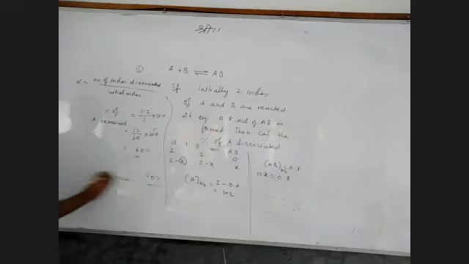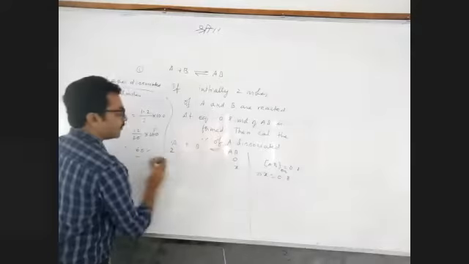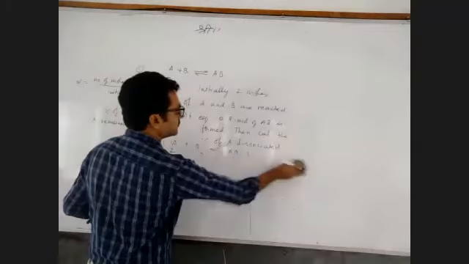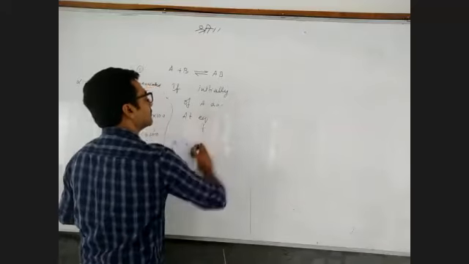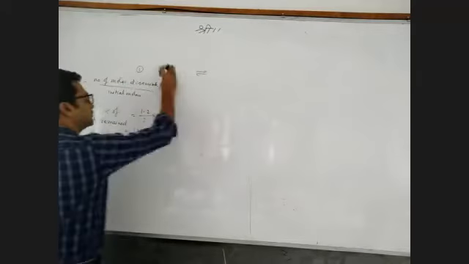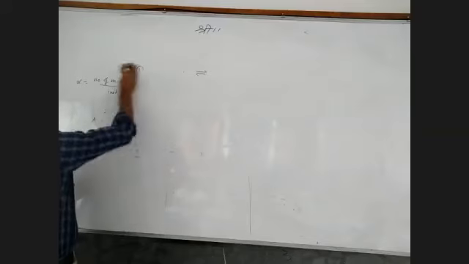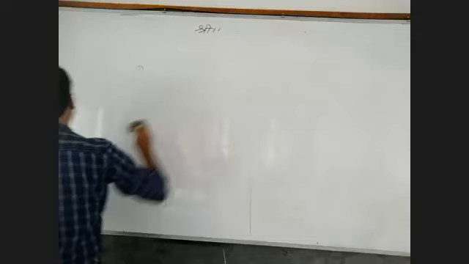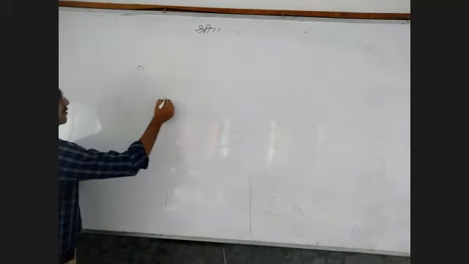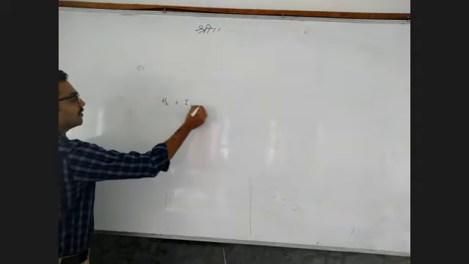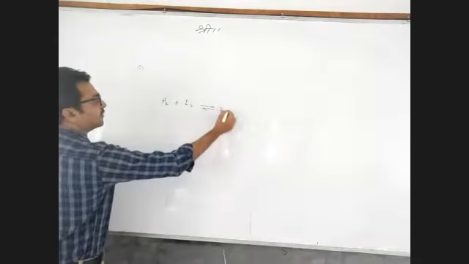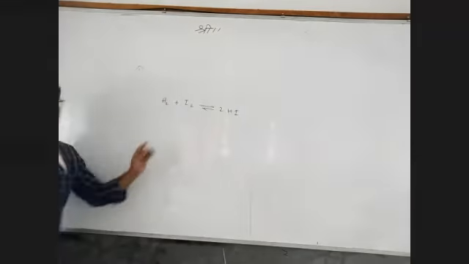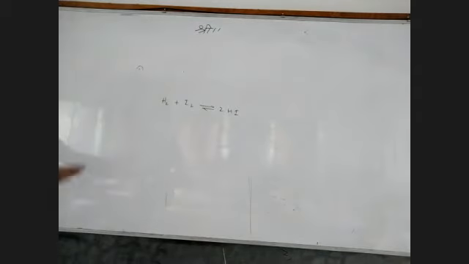Next question you see, an easy question. 2HI gives rise to H2 plus I2. All models you have to see. If you look at previous exam questions, these models are asked more, but they are very easy.